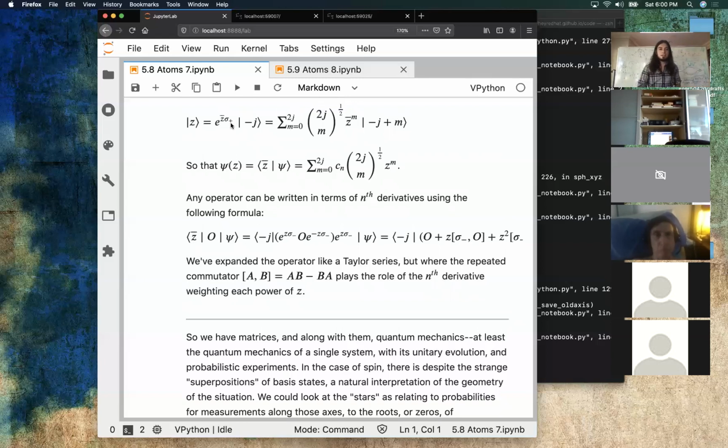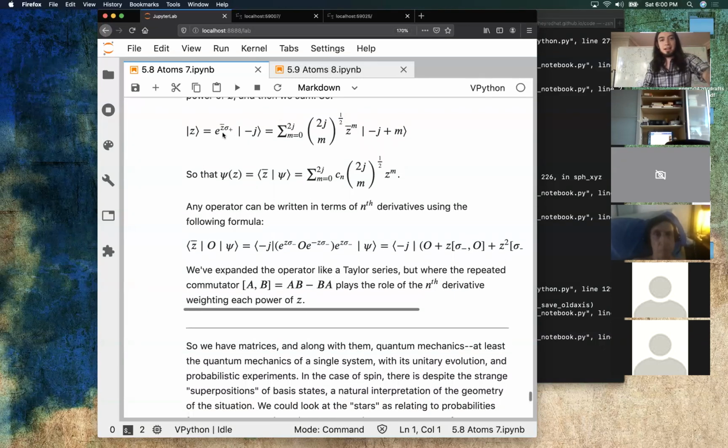In other words, e to the z conjugate sigma plus gives us the spin coherent state from the lowest weight state, negative j.